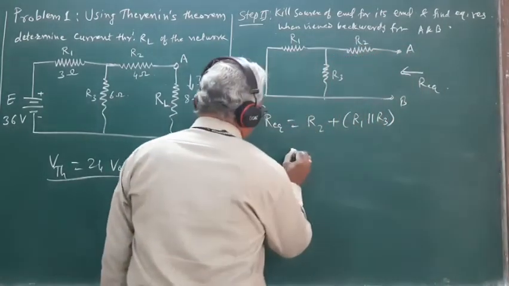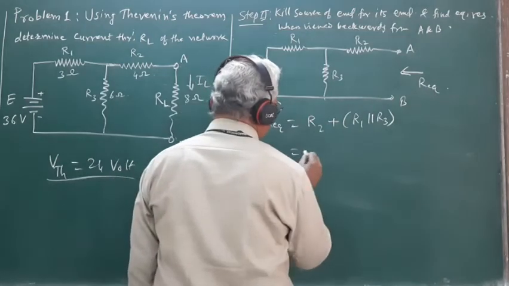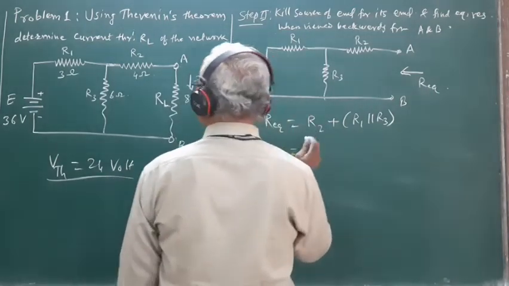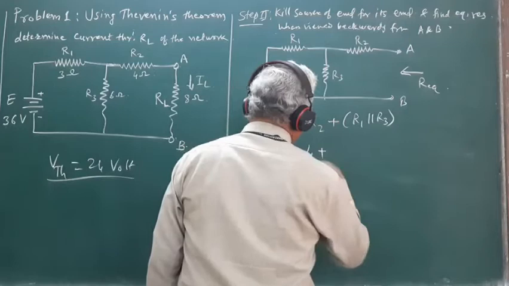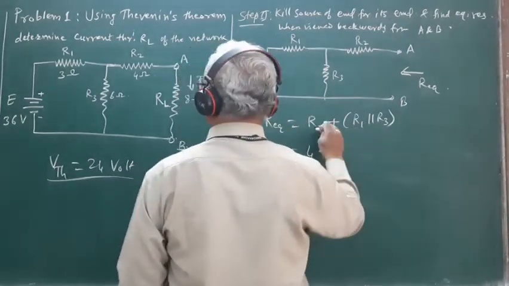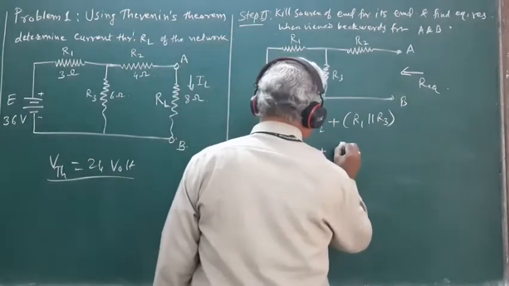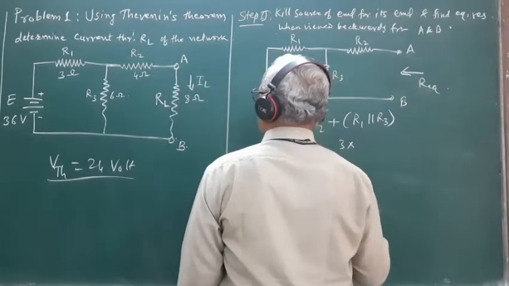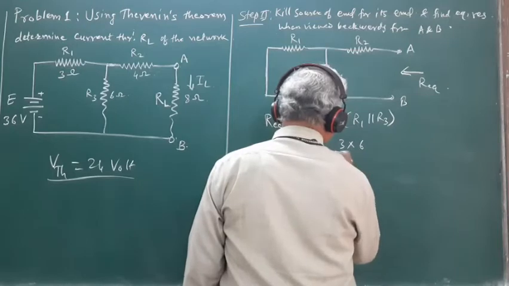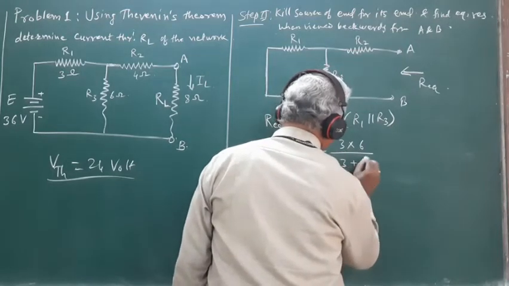So this is equal to R2, which is 4 ohm, plus R1 parallel R3, which is R1 R3 upon R1 plus R3. R1 is 3 ohm multiplied by R3 is 6 ohm divided by 3 plus 6.